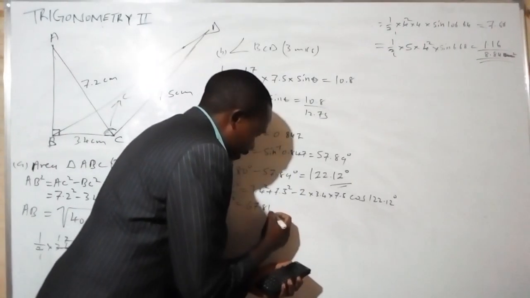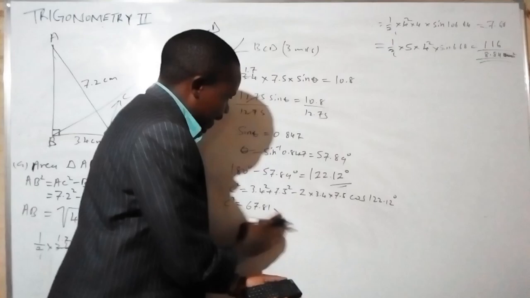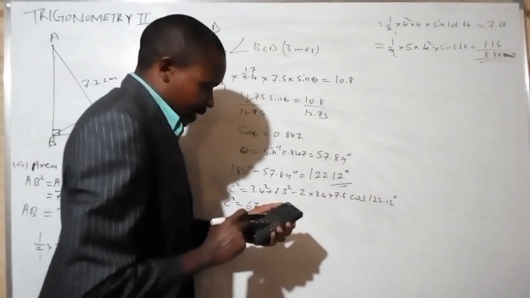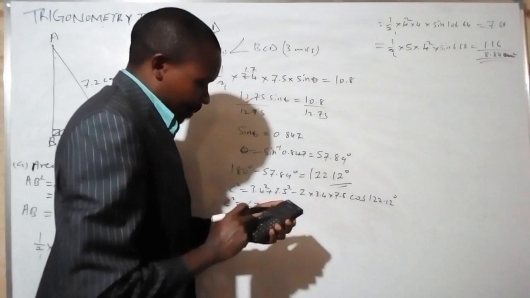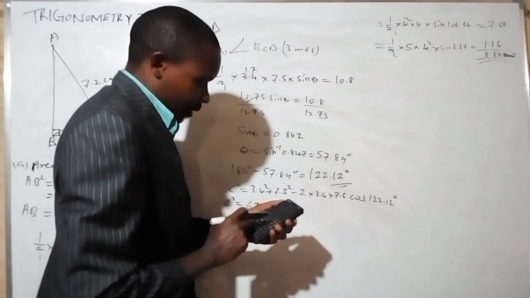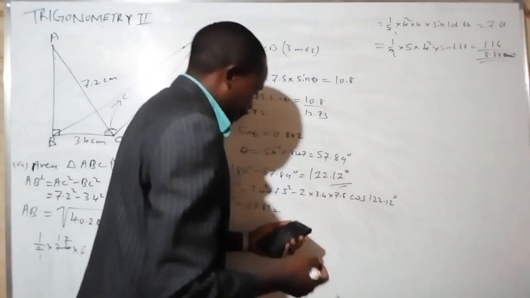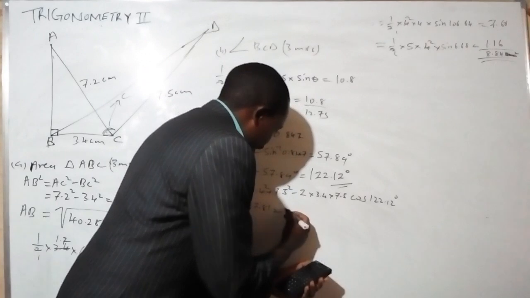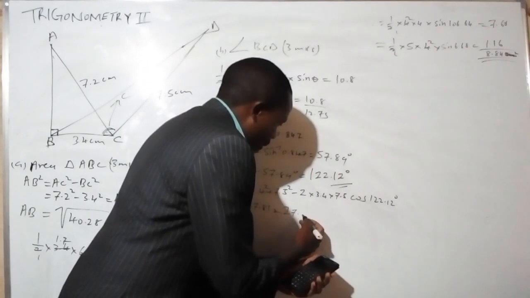Then minus 2 times 3.4 times 7.5 times cos 122.12.